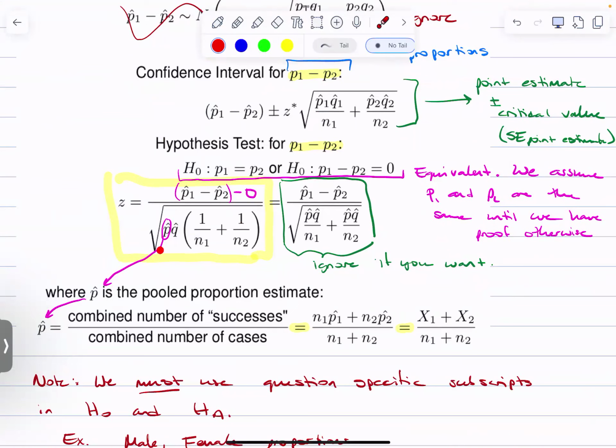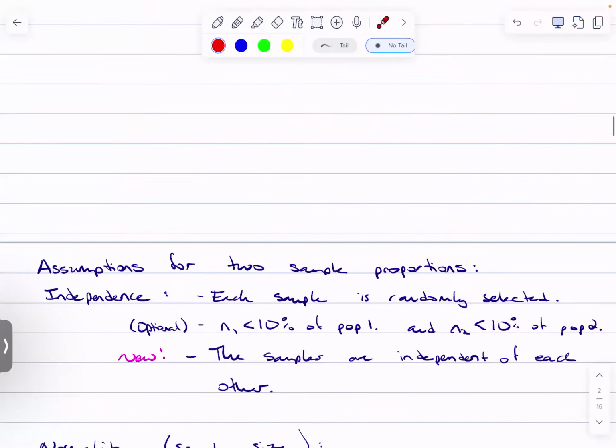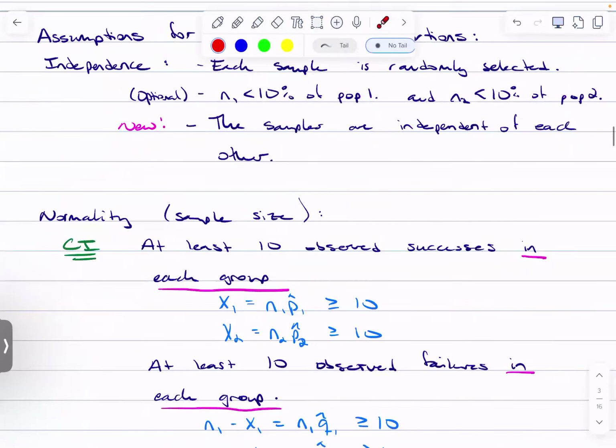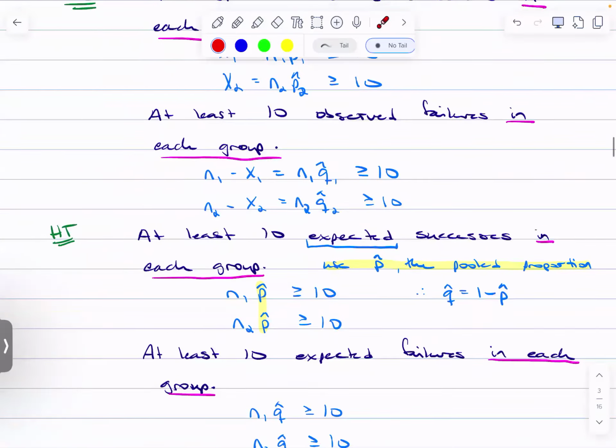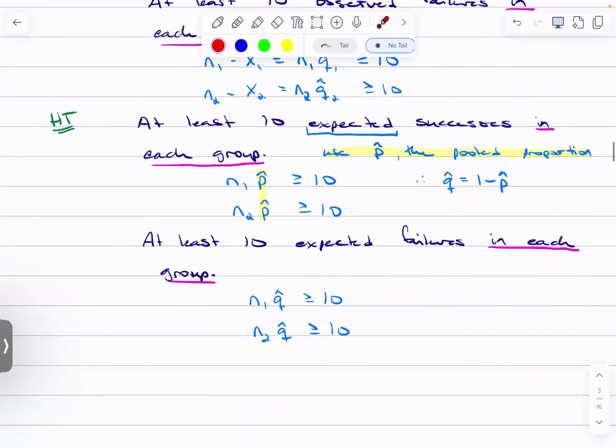Whatever you're using in your square root, which is your standard error, that's what you use to check the conditions. And that'll kind of help guide you. But like I said, it's not worth the brain space that it requires.